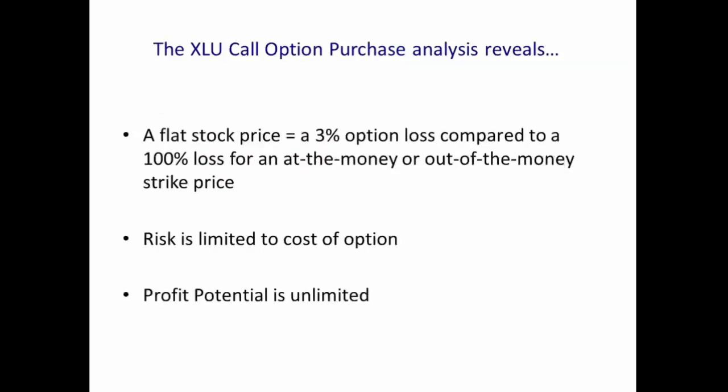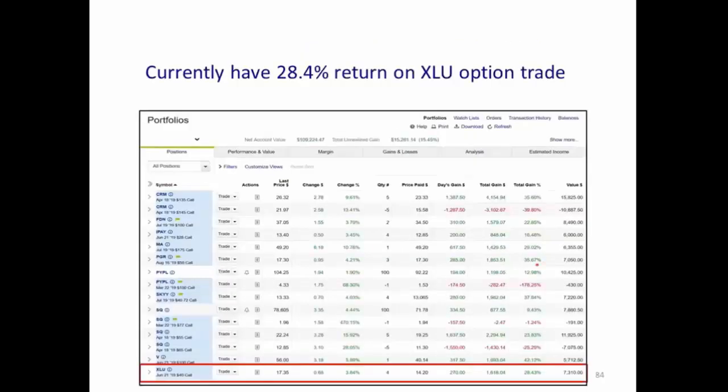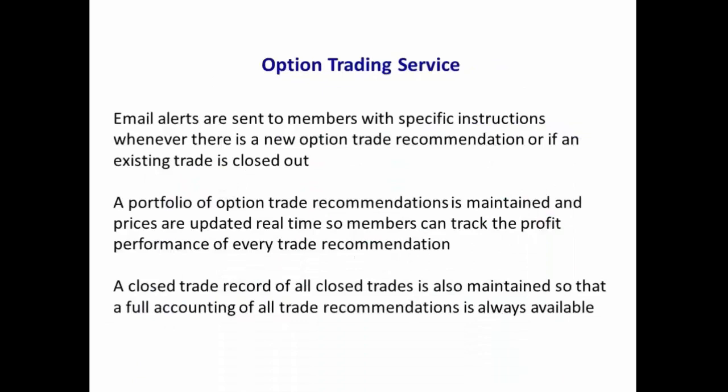And a flat stock price equals a 3% option loss, again, compared to a 100% loss for an at-the-money or out-of-the-money strike price. The risk is limited to the cost we paid for the option, and the profit potential is unlimited. And in this XLU option trade, we currently have a 28.4% open trade profit.